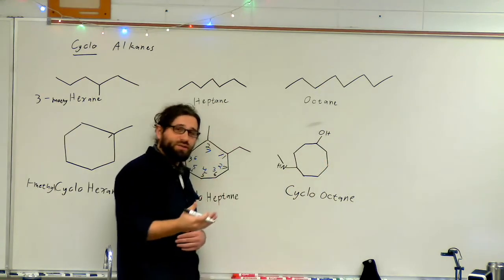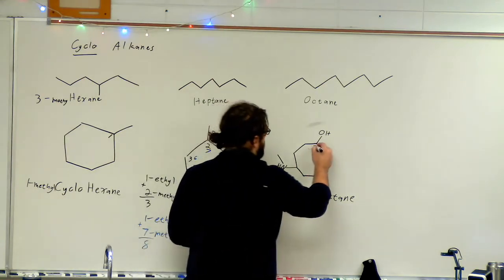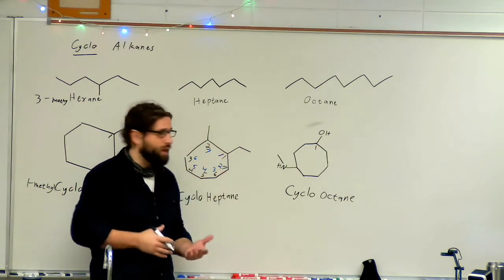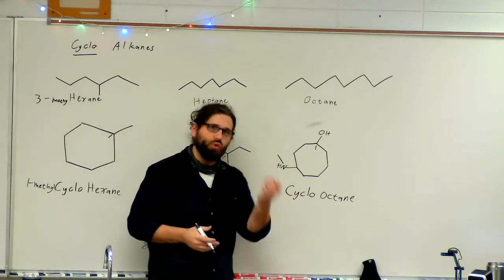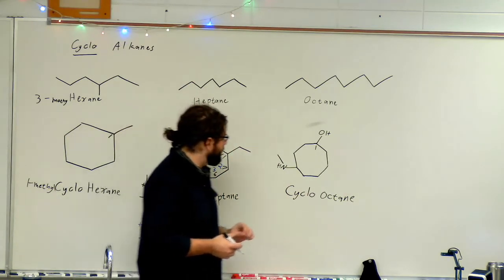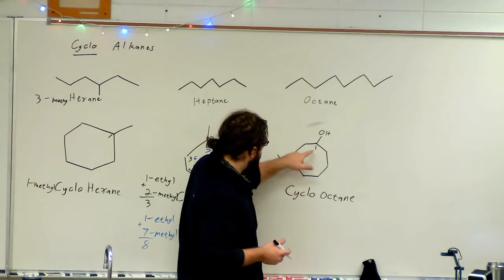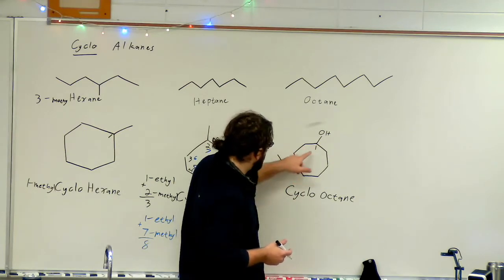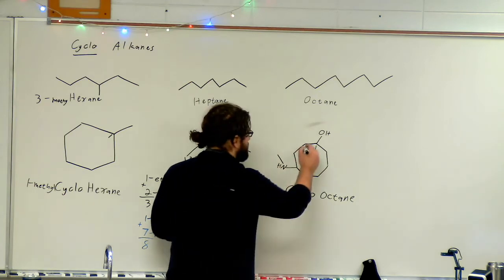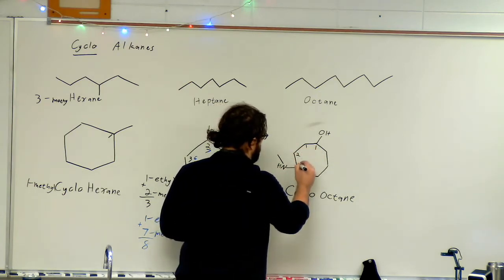So here, alcohol takes precedence over the amine, so this is my number 1. I need to number in a way, clockwise or counterclockwise, so that my total constituent count is the lowest number possible. Since I have 8 carbons here, I can count 1, 2, 3, 4, or 1, 2, 3, 4, 5, 6. 4 is going to be less, so I'm going to count counterclockwise.